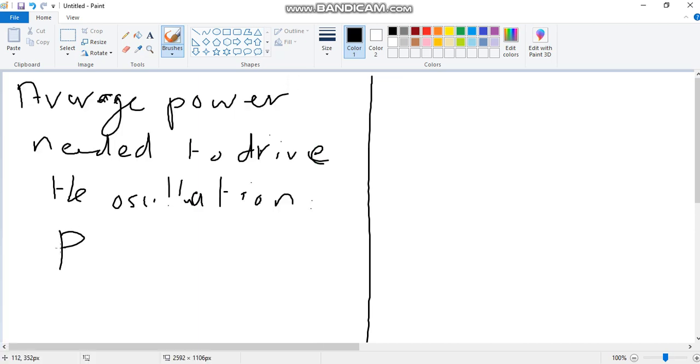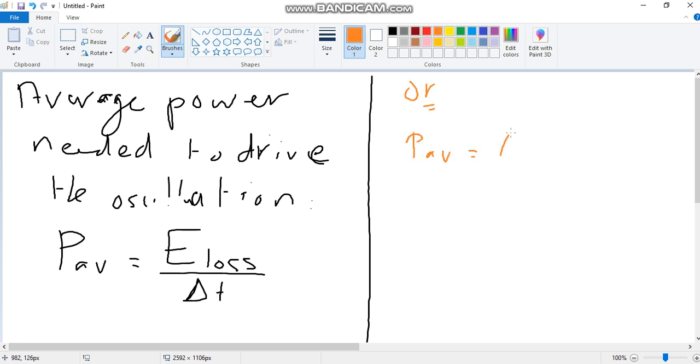P average is equal to the energy loss, or the driving energy, divided by delta T. Here P average is equal to delta E, which is the variation of energy in absolute value, divided by delta T. In this case we know how much energy the oscillator needs to drive the system, to drive this oscillation, to give it energy so that we get x maximum constant again, as if there is no damping at all.